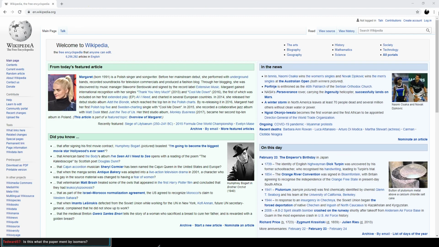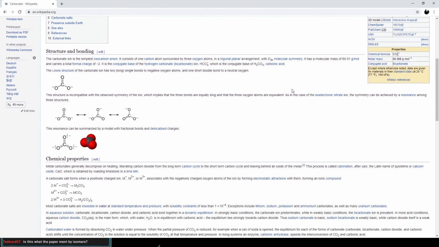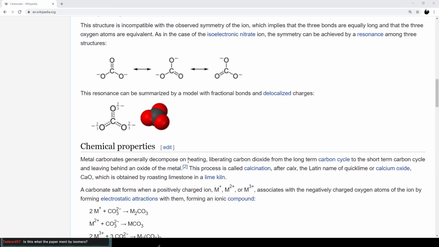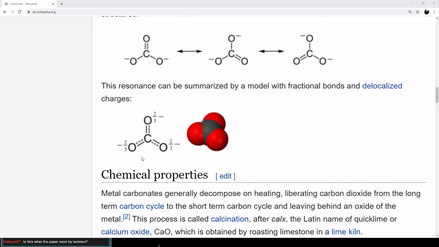Let's go to Wikipedia. Okay, if we go to carbonate, we're going to see here those dashes to indicate that hybrid in between them. Or what that would look like in our Lewis structure would be something like this. Let's zoom in a little bit here. I guess they're kind of blurry, but this is what we're going for.